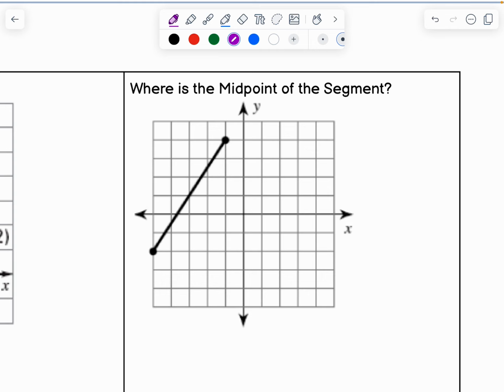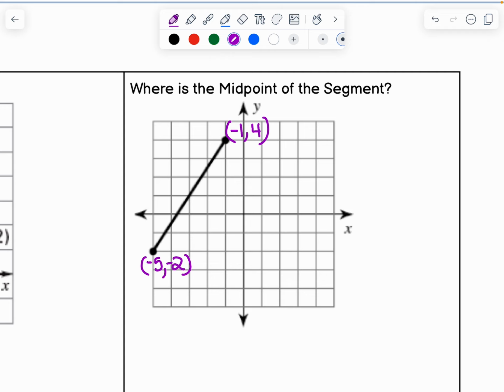And so our first point is at -5, -2. Our second point is at -1, 4.